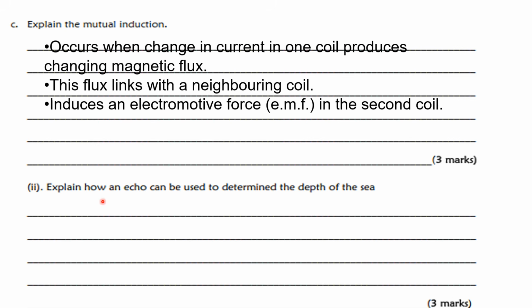3 marks. Explain how an echo can be used to determine the depth of a sea. All right, let's suppose that we have a sea with water in it.